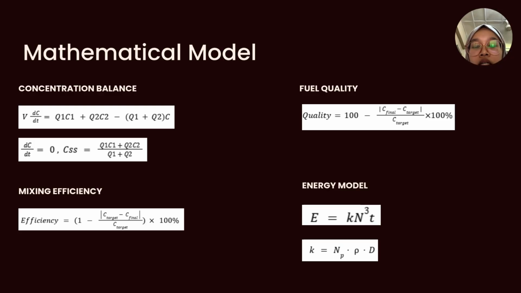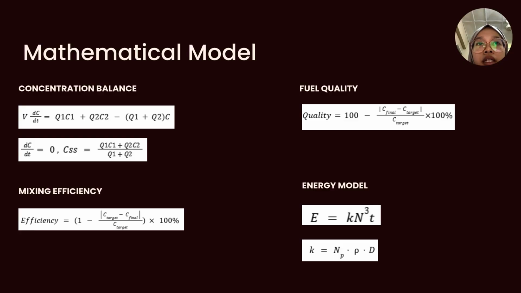At steady state, the derivative becomes 0, giving the final concentration C_ss equal to (Q1 times C1 plus Q2 times C2) over (Q1 plus Q2).